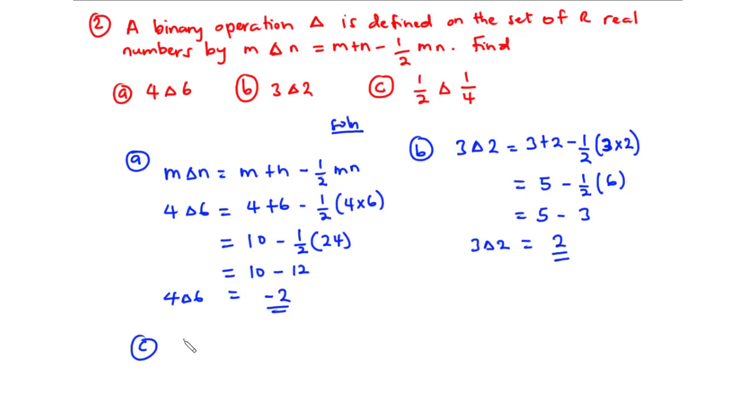For C we have 1 over 2 delta 1 over 4. So our m is 1 over 2, n is 1 over 4. So that's going to be 1 over 2 plus 1 over 4 minus 1 over 2 into brackets, 1 over 2 times 1 over 4.